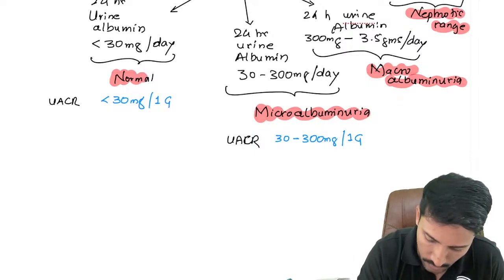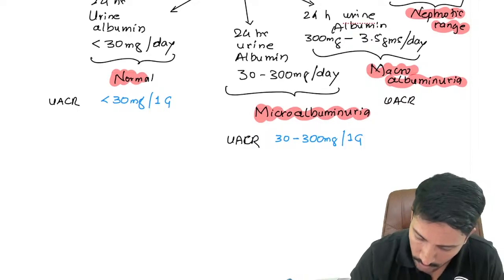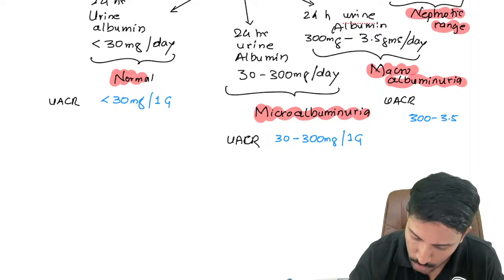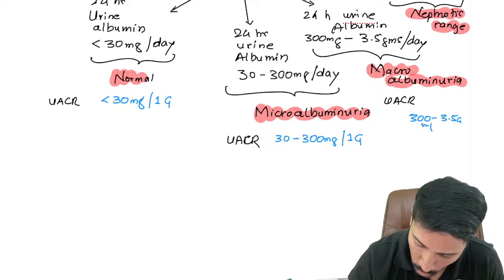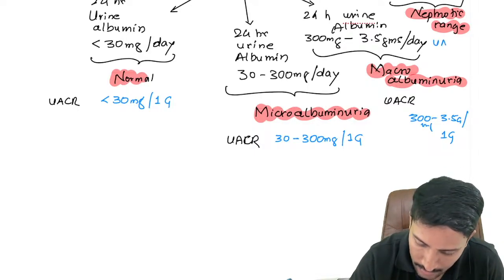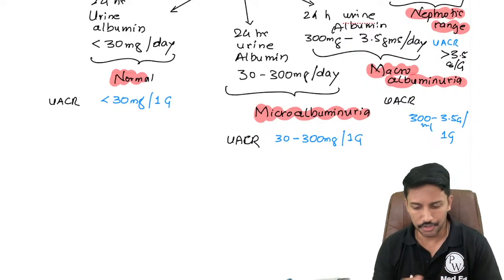UACR of 300 milligrams to 3.5 grams of albumin for every 1 gram of creatinine excreted in urine is macroalbuminuria, and UACR greater than 3.5 grams per gram of creatinine is nephrotic range proteinuria.